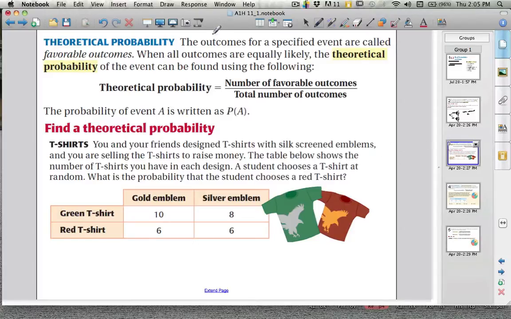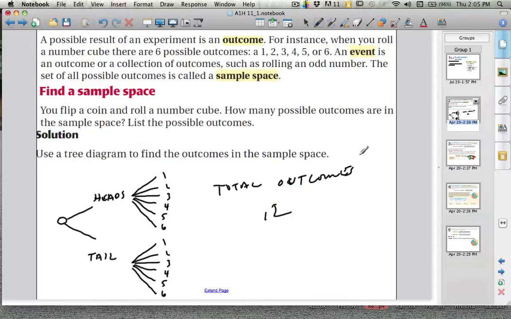And when we talk about probability, probability is calculated by finding the number of favorable outcomes over the number of total possible outcomes. And this is called theoretical probability. We're not actually conducting an experiment, we're just looking at the situation and we're finding out what might happen. Okay, for example, if we go to the previous example and say, what's the probability of rolling a head followed by a 1?